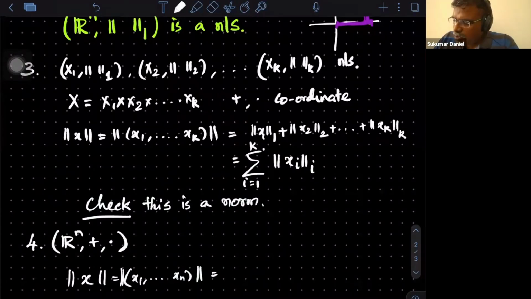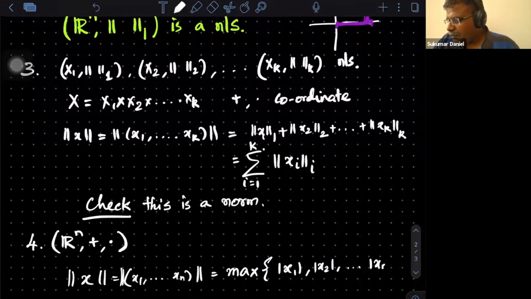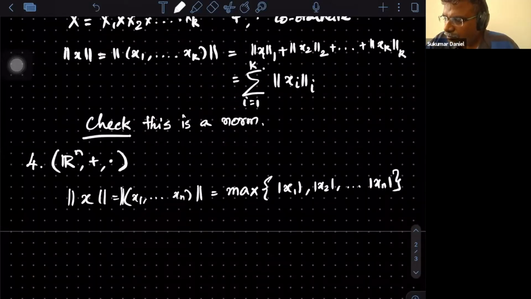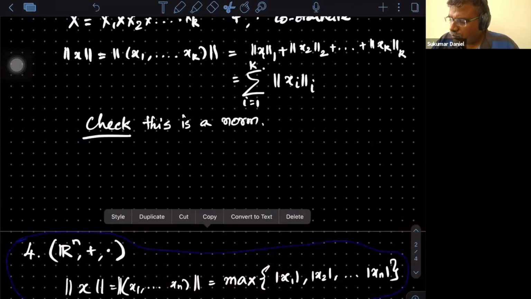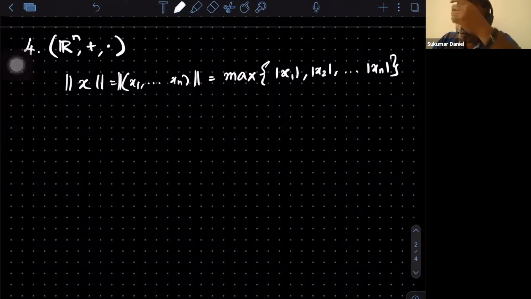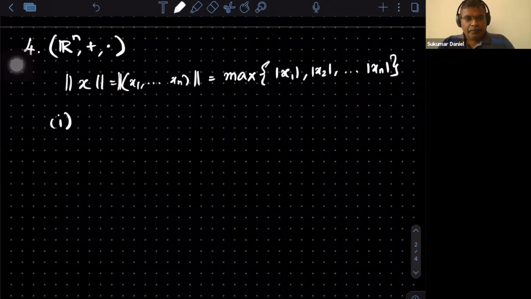Instead of adding, I want to look at the following: I will take the maximum of these. So quickly go through in your mind, is the first property true? If you say yes, check and then say yes.